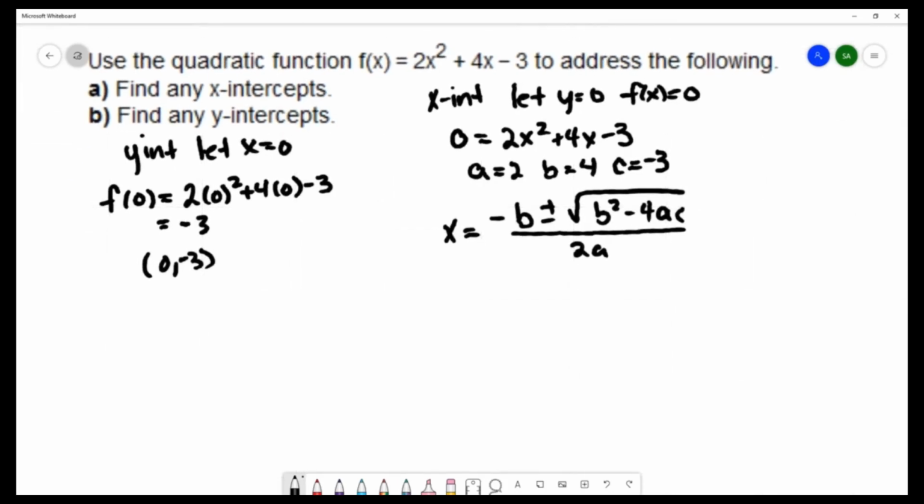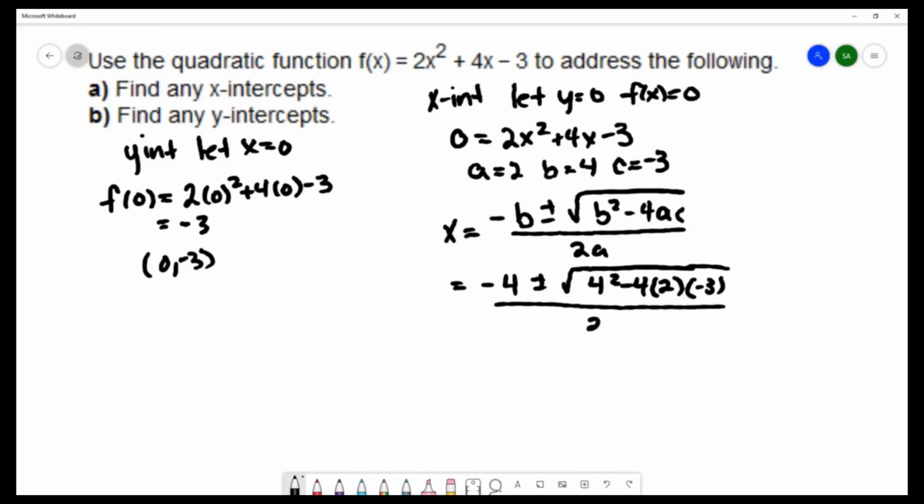So we're going to substitute our values into the formula and start simplifying with order of operations. We have negative 4 plus or minus the square root of 4 squared minus 4 times 2 times negative 3 over 2 times 2.